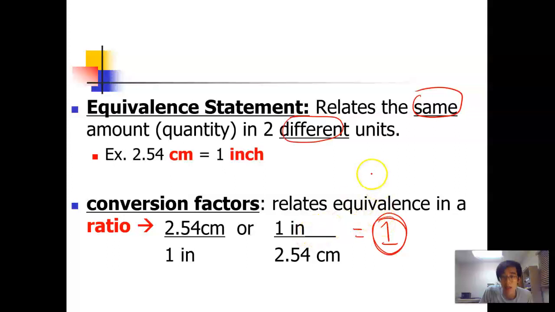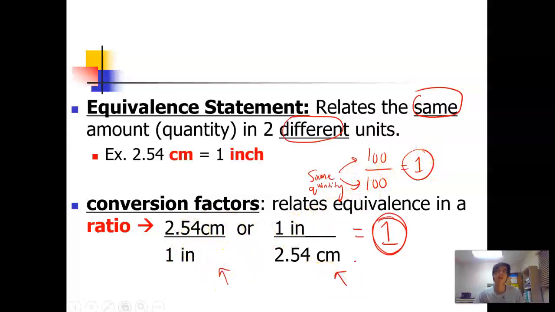Because it's like saying if I have 100 over 100, right? These are both the same in quantity. They're both equal to 1. So that's why I can write it in either format. It's the same value that can flip around.